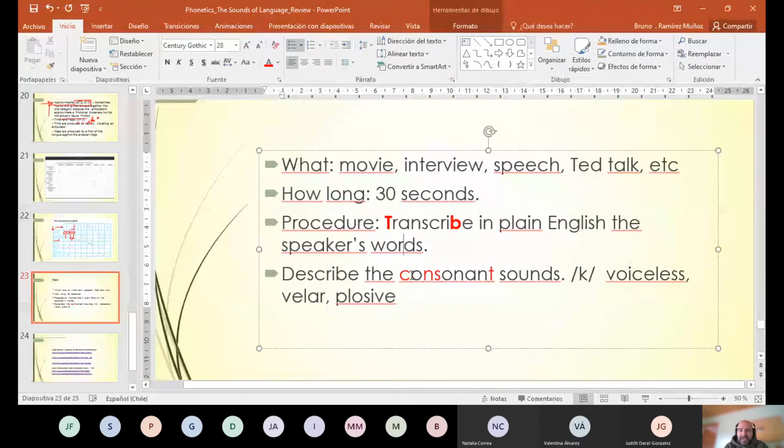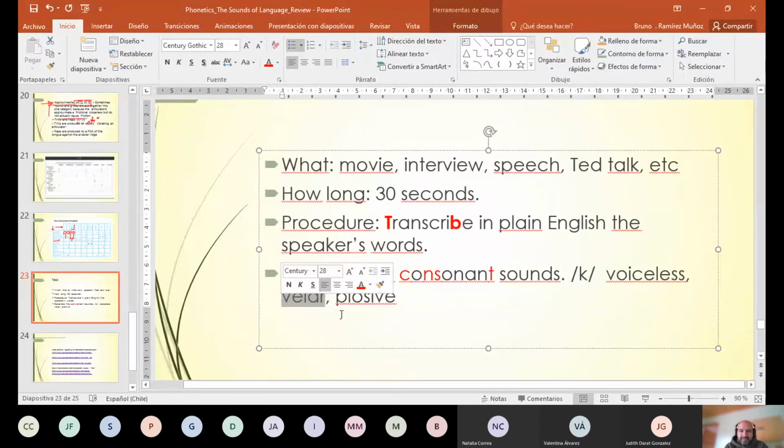How are you going to describe them? For example, k in consonant, k is voiceless in terms of voicing, right? Because there's no vibration of the vocal cords. Is velar because the back part of the tongue is raised against the velum or soft palate.